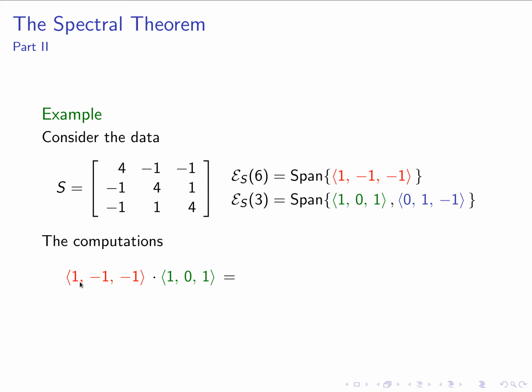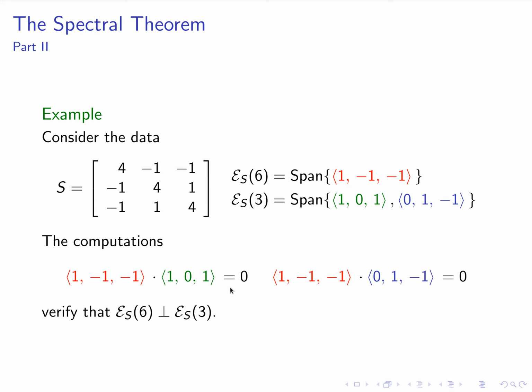Well, this dot product is 1 plus 0 minus 1, which is certainly equal to 0. And our second dot product should be between (1, -1, -1) with (0, 1, -1). Here, of course, the dot product is 0 minus 1 plus 1, which also equals 0. So here we have a verification that the second part of the spectral theorem is working for this particular example.